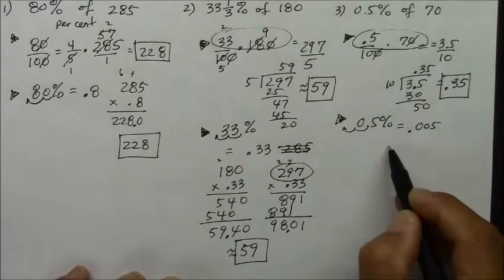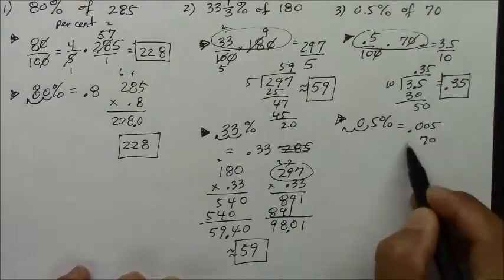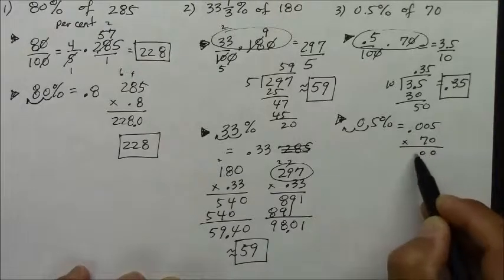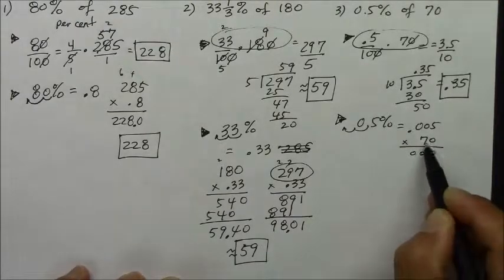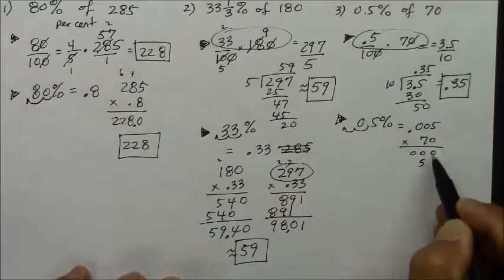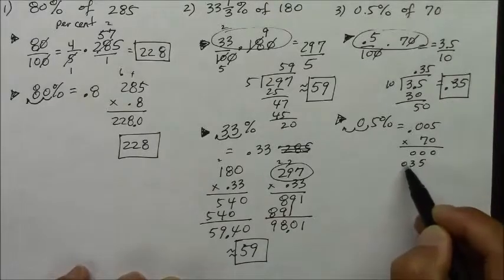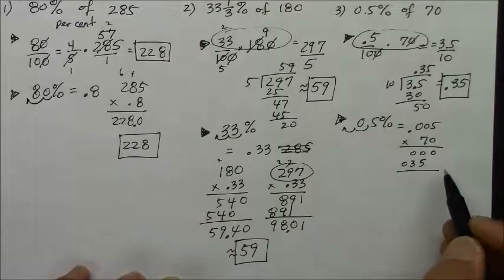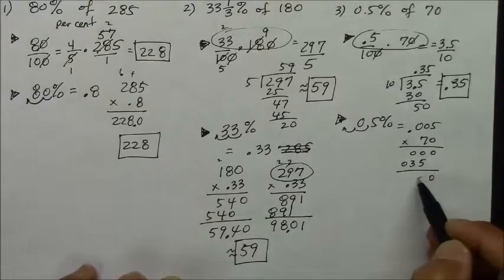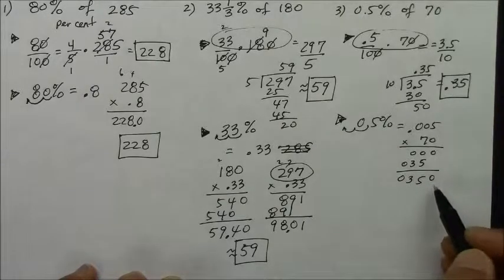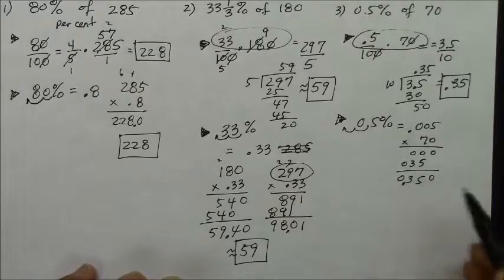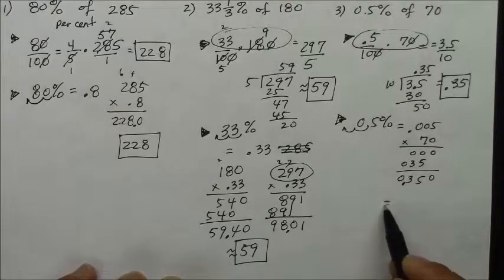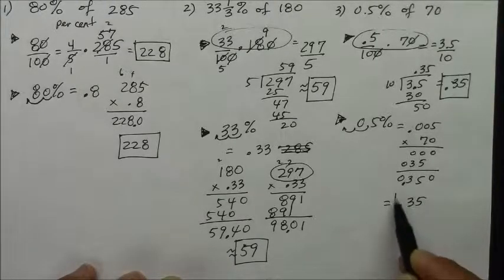And 0.005 times 70, I get 0, 0, 0. 5 times 7 is 35. Carry the 3 over, and a 0. Add it down. I get 0.350. Decimal places, 1, 2, 3. So there it is. You still get the same answer of 0.35.